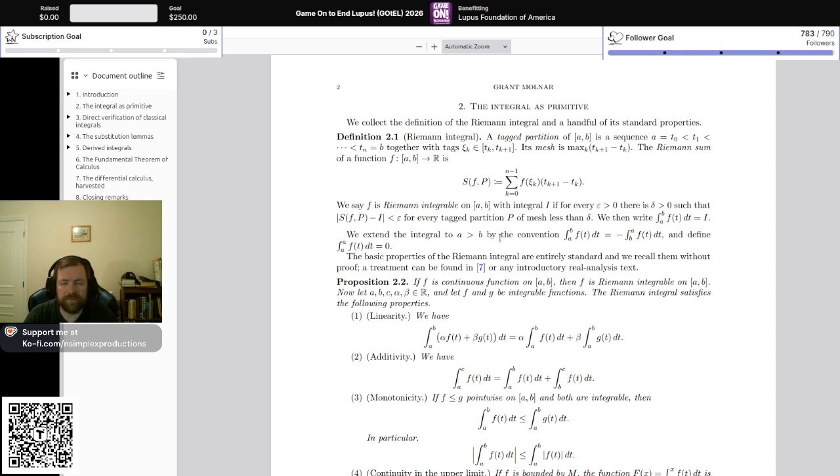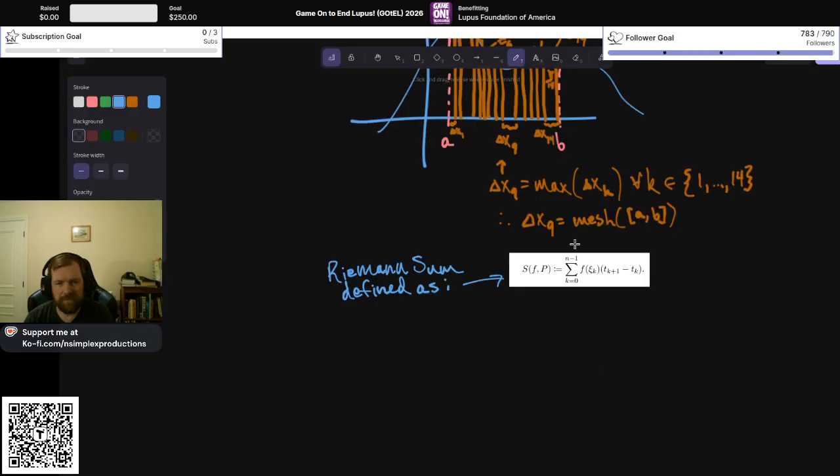Okay, the tag, no, sorry. This is a bit of what we were talking about up here, so we don't need that yet. P is just going to be a set of tagged partitions. Alright, so S is just our sum. f is going to be our defined function. P is going to be our set of partitions.